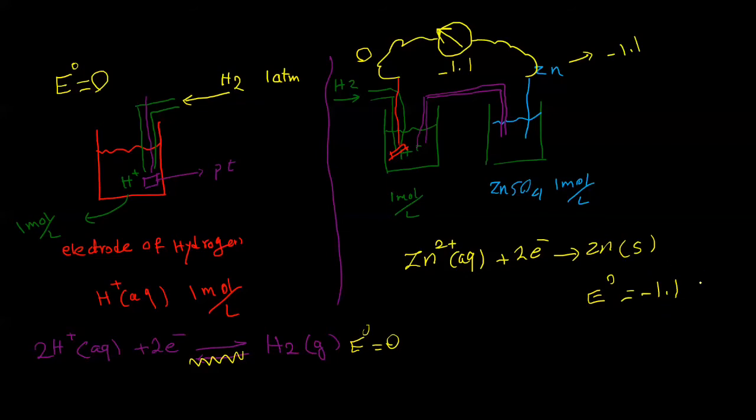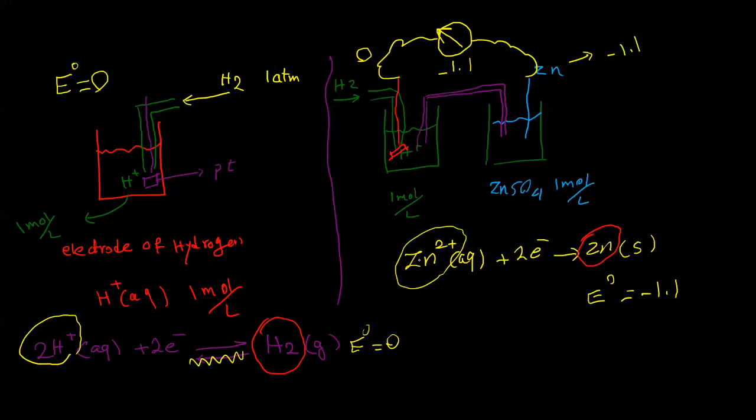By looking at this number, I know that between Zn2+ and H+, if they compete for gaining electron, H+ is the winner, because its E standard is larger than E standard for Zn2+. But if I'm talking about losing electrons, Zn and H2 compete for losing electron, and definitely Zn is the winner.